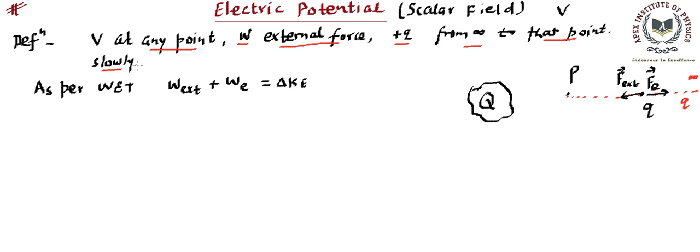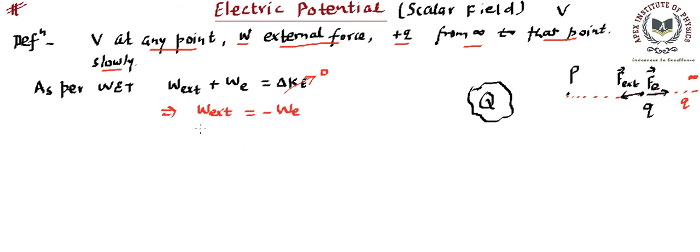The meaning of slowly is that we are moving in such a way that the speed of this particle is not changing. That means the change in kinetic energy is zero. Then the work done by the external agency is going to be the negative of the work done by the electrostatic force.